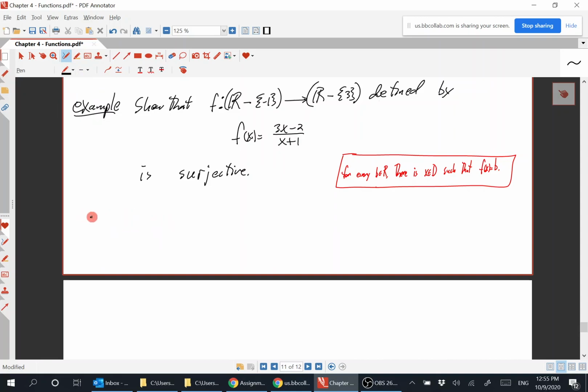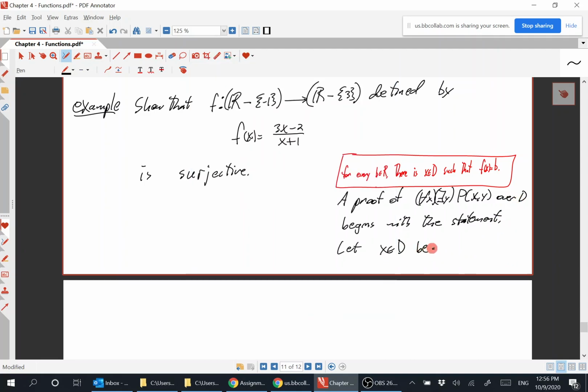Okay, so it starts out like this. A proof of for every x there exists a y, P of x, y over domain D begins with the statement: let x in D be arbitrarily chosen.